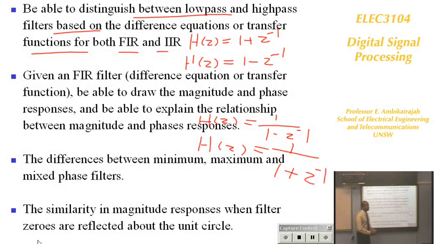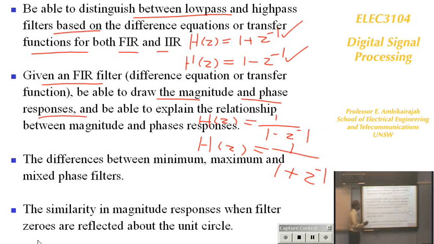You should be able to know the difference between all those four basic filters and which is a low pass, which is a high pass. The first two are the FIR filters, a low pass and a high pass filter, and similarly you have IIR filters.